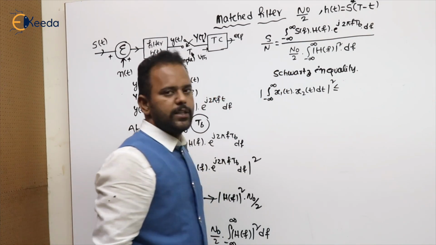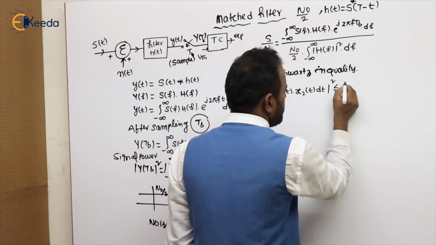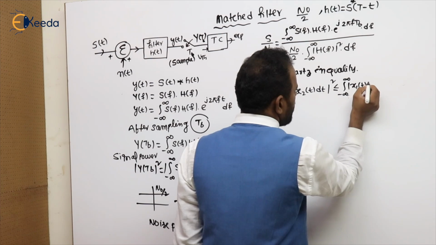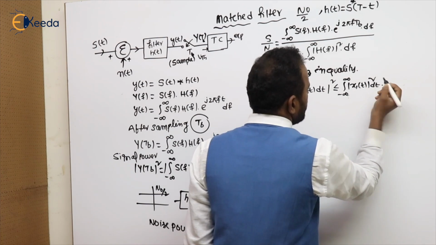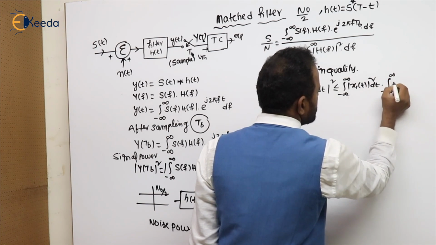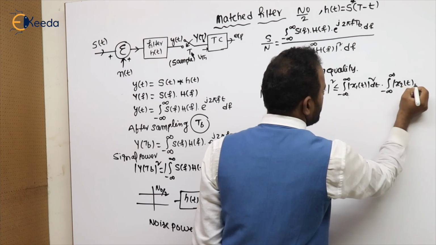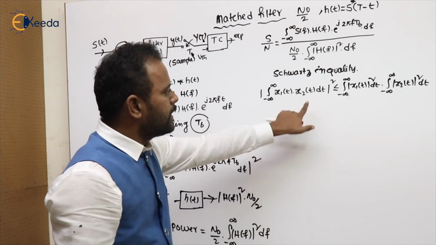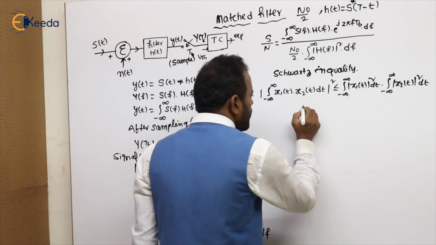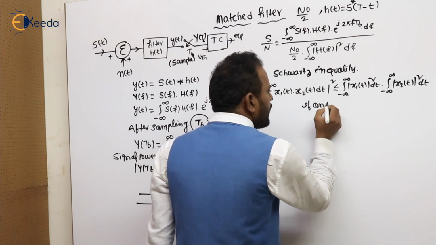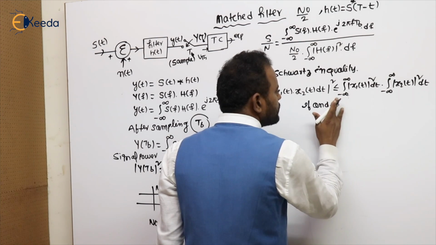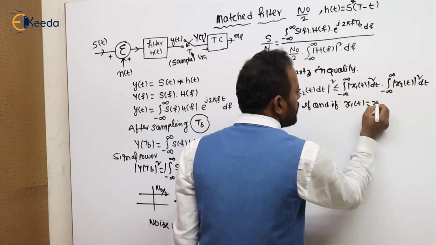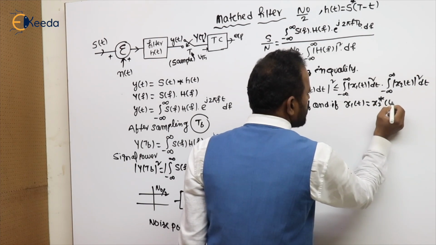From the Schwarz inequality, this value is equal to the integral from minus infinity to plus infinity of mod x1(t) whole square dt times the integral from minus infinity to plus infinity of mod x2(t) whole square dt. This holds good if and only if x1(t) is equal to x2 conjugate of t.